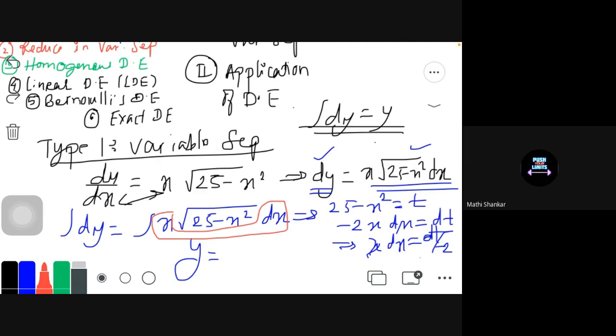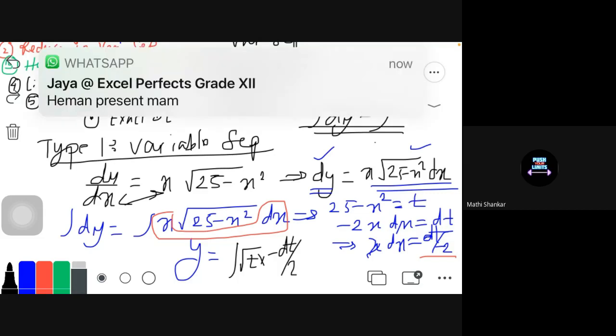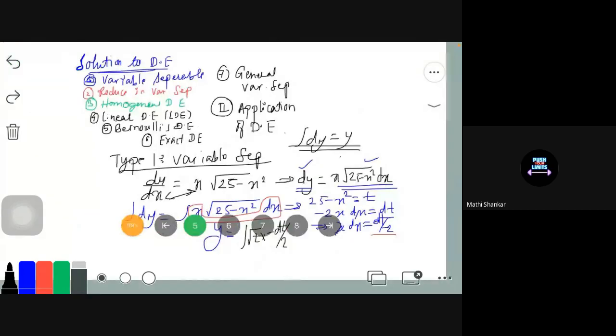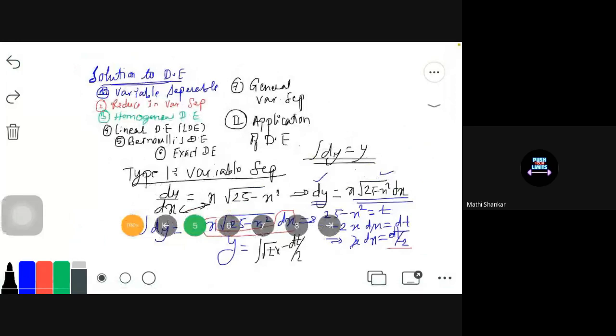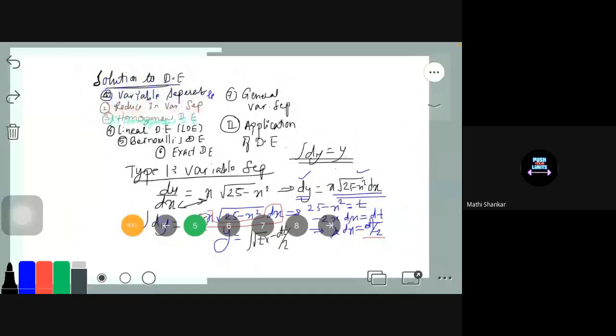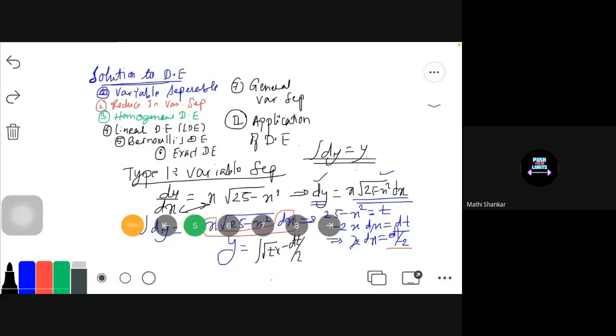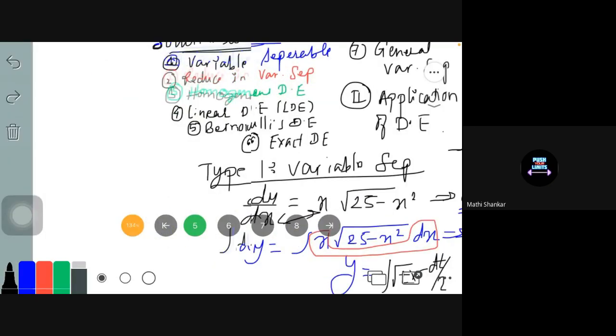So my integral gets converted into integration of under root of 25 minus x square, which I have taken as t, so it will become root of t. And instead of x dx, I can write it as minus dt by 2. So 1 by 2 will come outside. While performing integration, I'll take 1 by 2 outside.